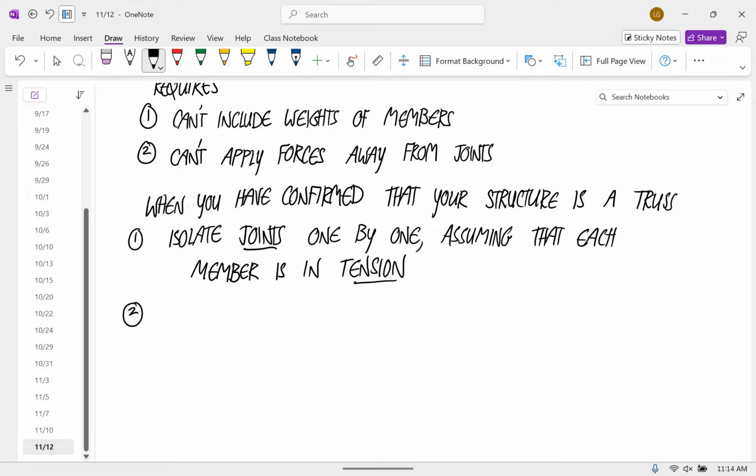In particle statics, you only have Newton's second law. So use Newton's second law at enough joints to solve for all your variables.